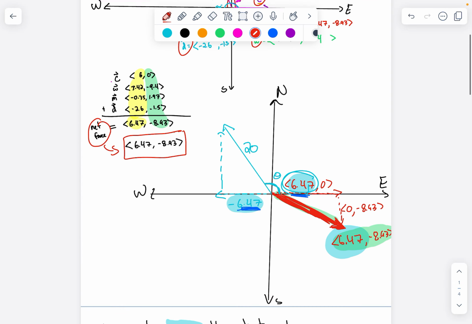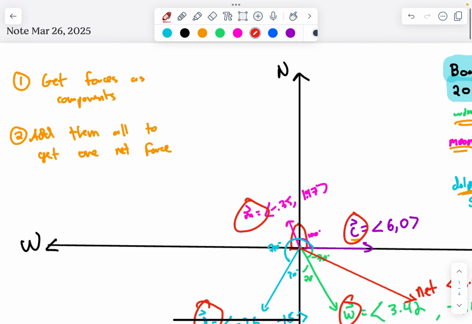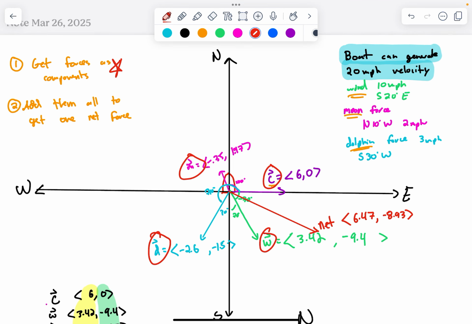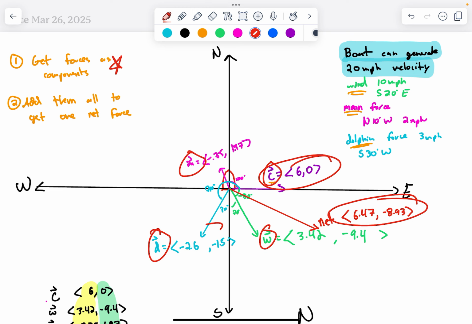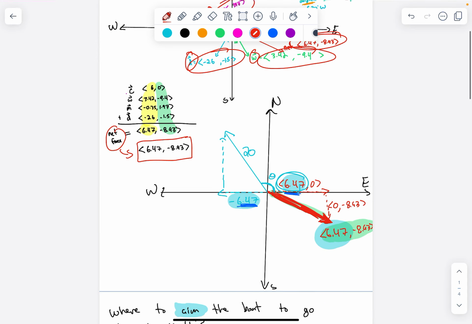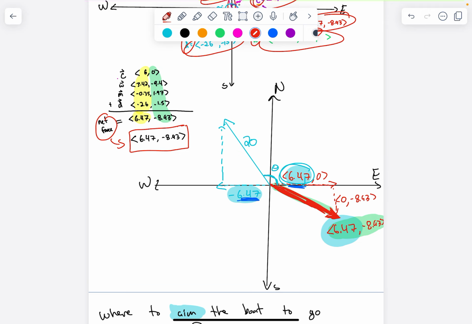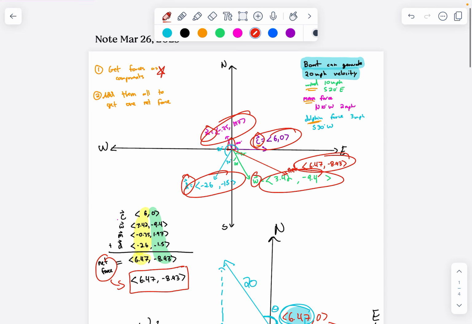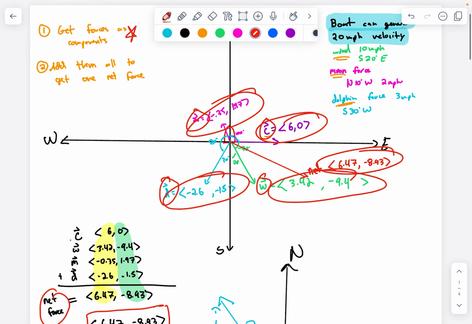Okay, so again, here it is. Get forces as components. We want our original forces as components. We want our boat as a component. And the boat's components are, well, get the components. Add them all to get one net force.